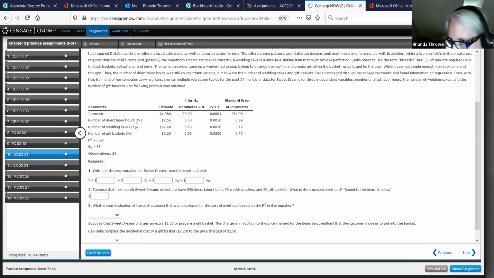Like in the last example, we used the number of radiology tests to help us to determine our answer in 318. But in this answer, we've got 3 different variable costs, and they are given here. And if you put it in Excel, what you will do is you will just have a list of all your direct labor hours for the time period, and the number of wedding cakes for the time period, and the gift baskets for the time period.